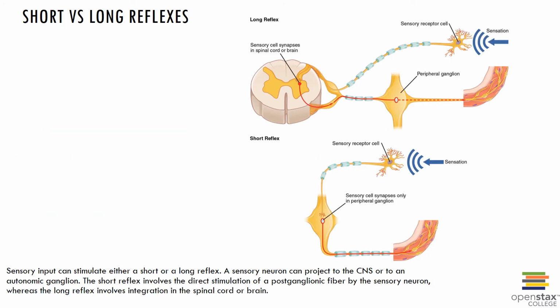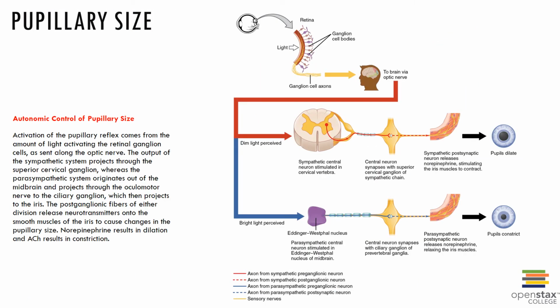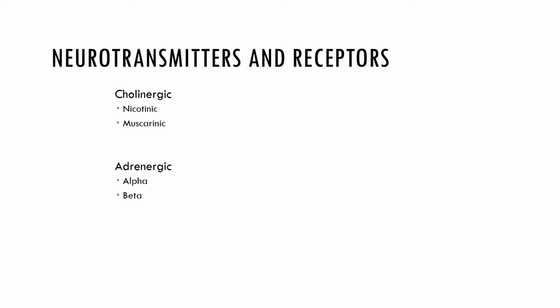Here we can see the difference in short versus long reflexes. And an example of autonomic control of pupillary size is demonstrated here. So you can see the effect of activation of the receptor to the output of response. And now we'll look at the makeup of the cholinergic and adrenergic receptors that we just discussed.